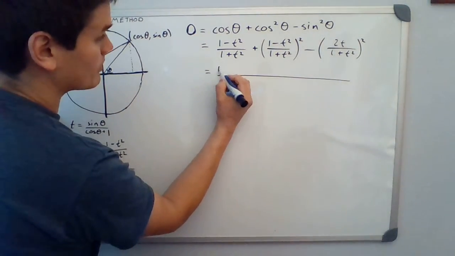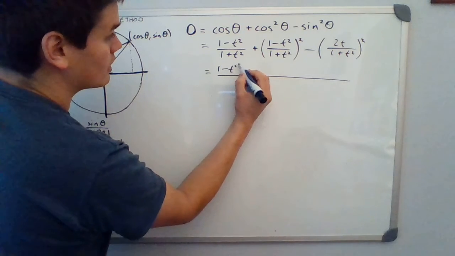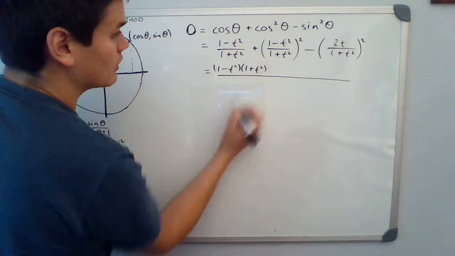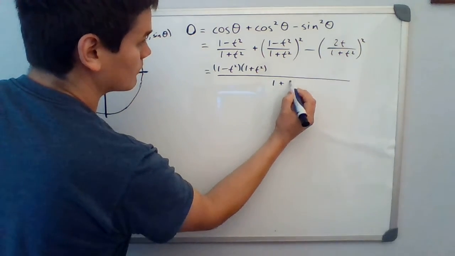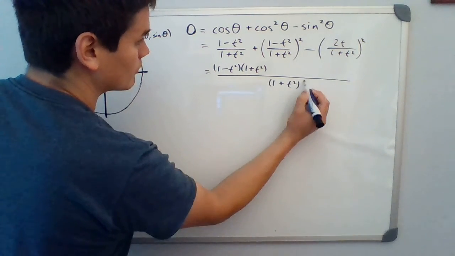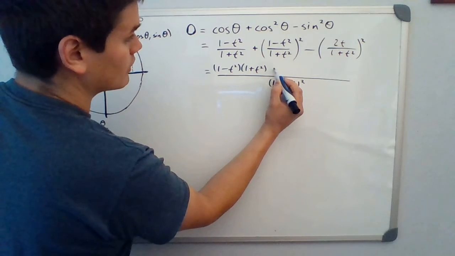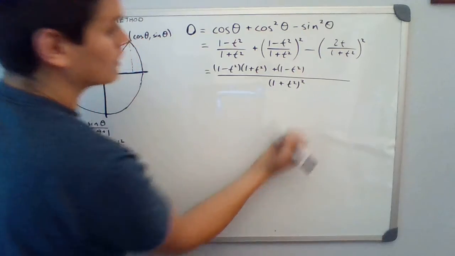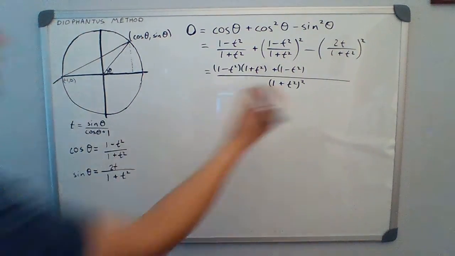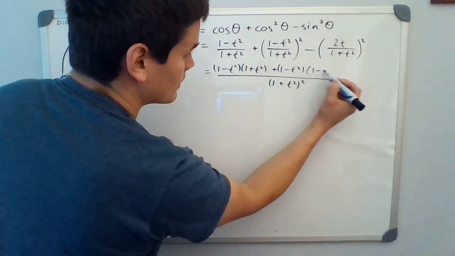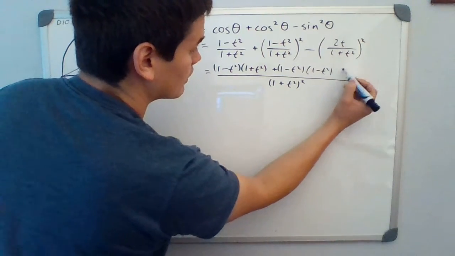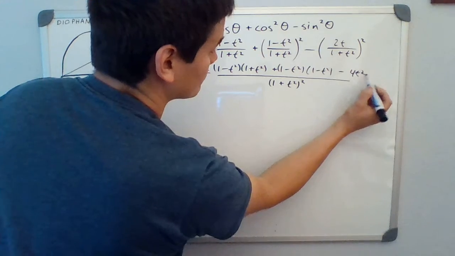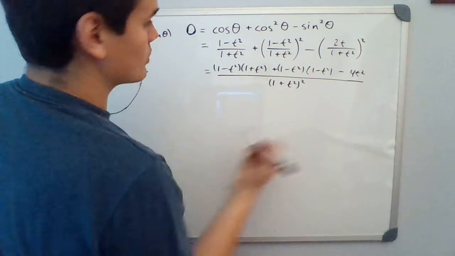For this term, I'm going to write 1 minus t squared times 1 plus t squared, and that's over the denominator. So we're going to have plus 1 minus t squared, minus 4t squared, because 2 times 2t squared is 4t squared.